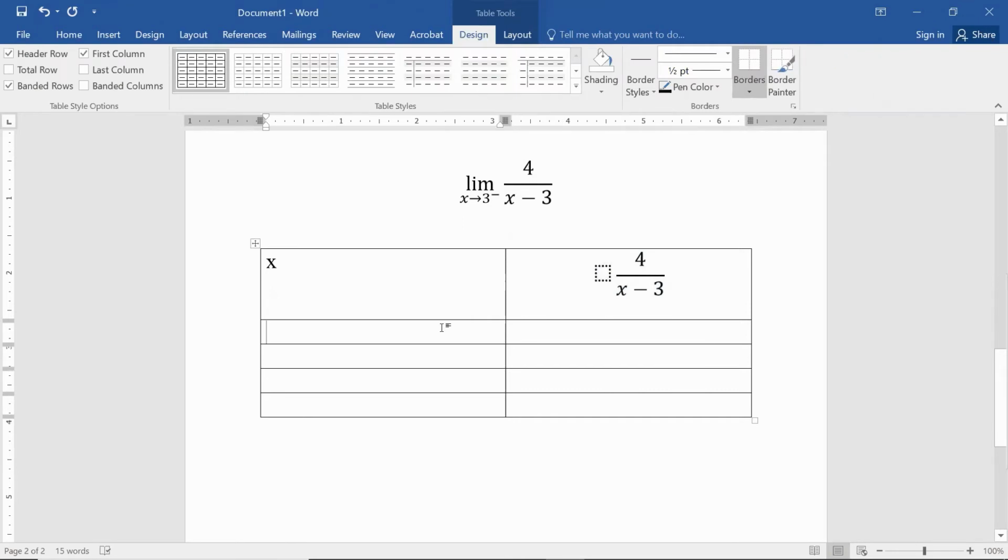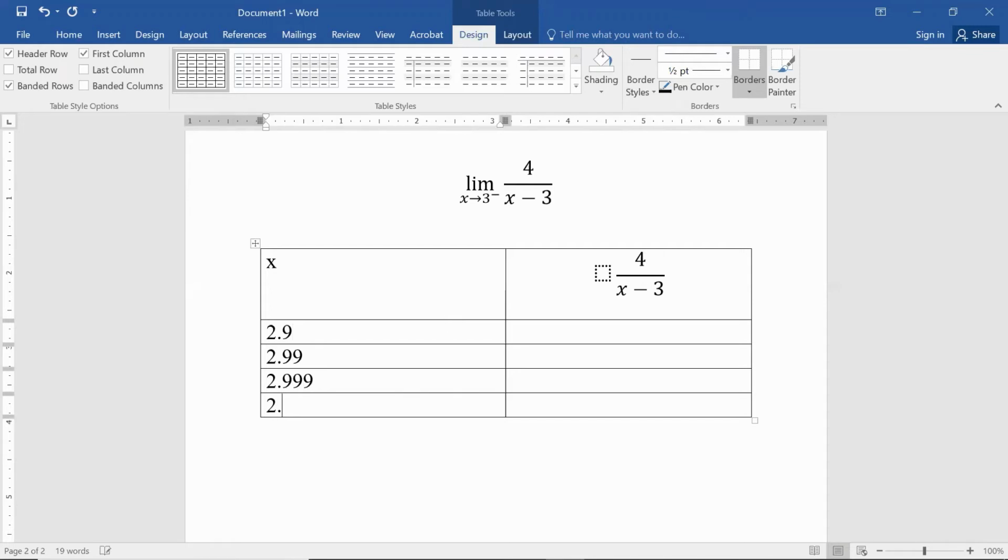Let's take a look at the numerical approach as we approach 3 from underneath or from the left. So we're going to find the limit as we approach 3 from underneath. From underneath, I will use values of 2.9, 2.99, 2.999, 2.9999.